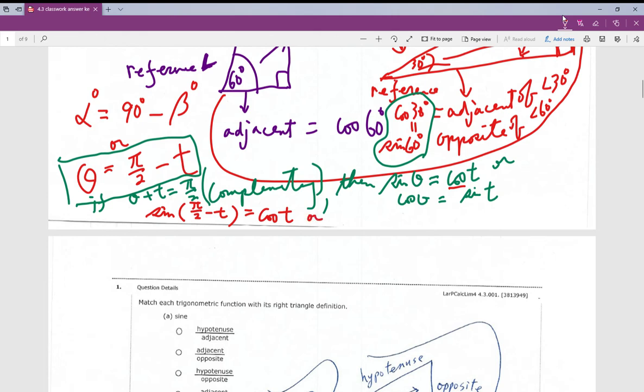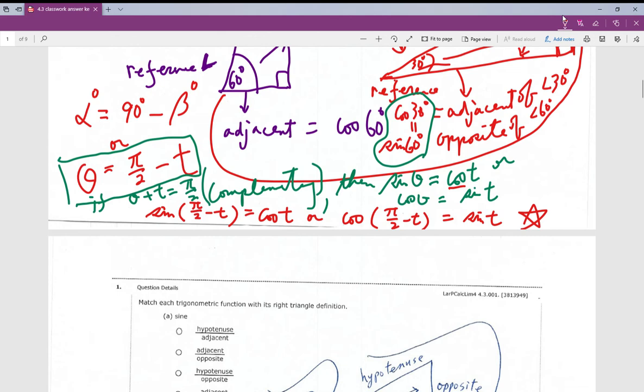Or cosine, instead of writing theta, I write pi over 2 minus t, equals sine t. So this is the formula we want to learn for today. Once you understand that sine and cosine have this property, it becomes a formula for us.